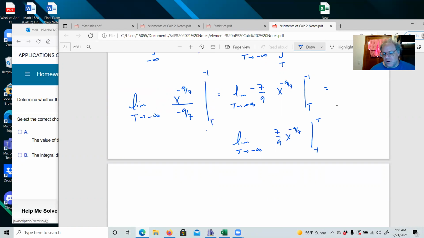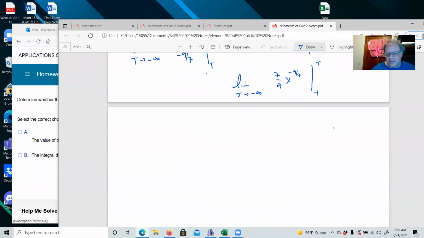All we did is use this negative sign to swap my limits of integration. Now we just plug this in. So this is 7/9 t to the -9/7 minus 7/9 times -1 to the -9/7.